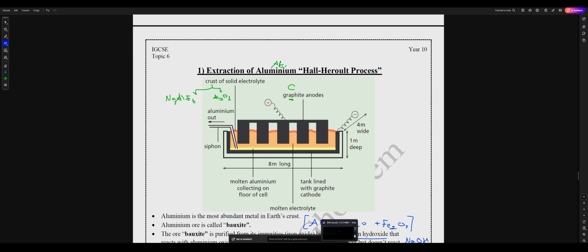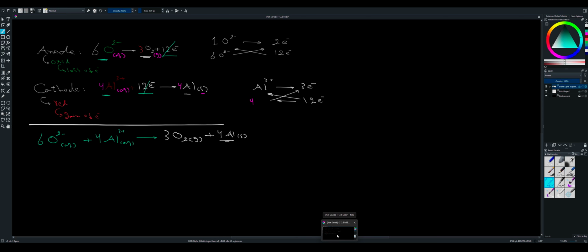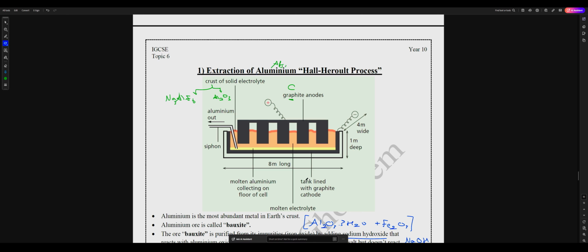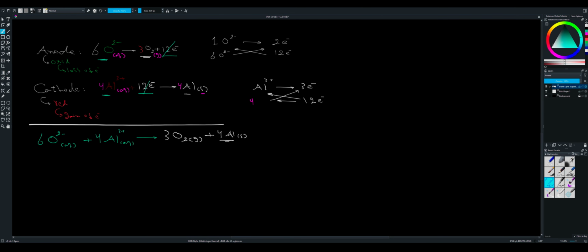Now, I just mentioned that those oxygen atoms are going to be causing some issue. Why? If we get back to the cell here, as I said, the anode and the cathode are made of graphite. So at the anode, we have oxygen forming. That oxygen actually reacts with the graphite anode made of carbon and forms carbon dioxide.